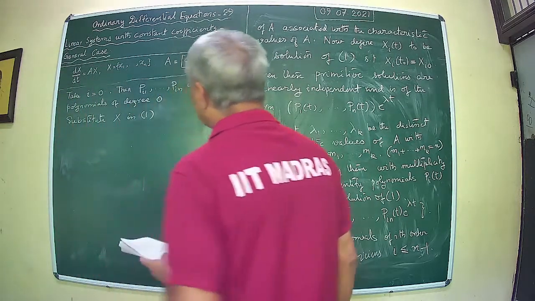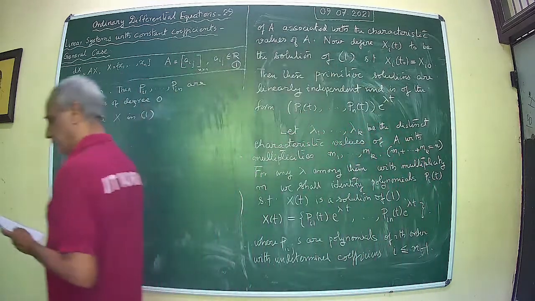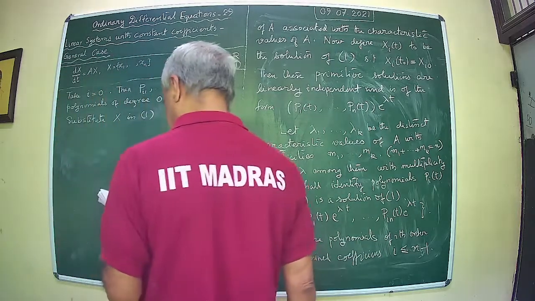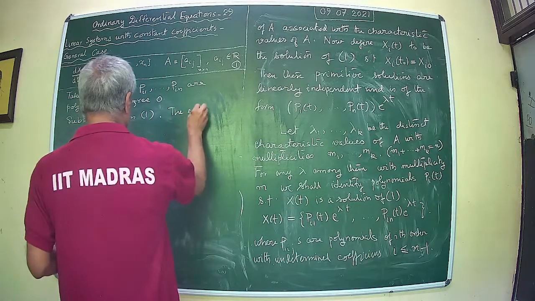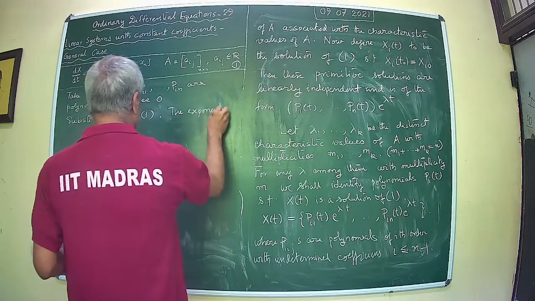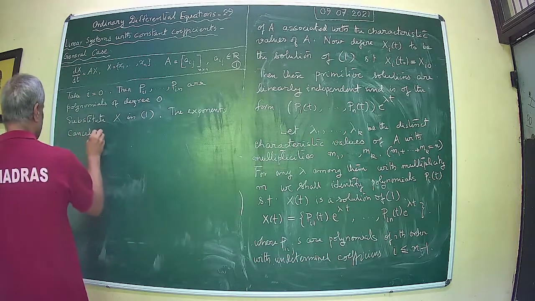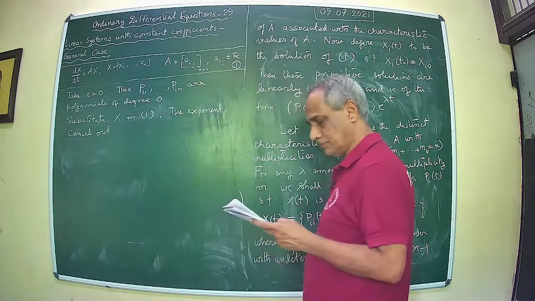What you end up with will be an eigenvector, if at all there is a solution. The exponents cancel out.